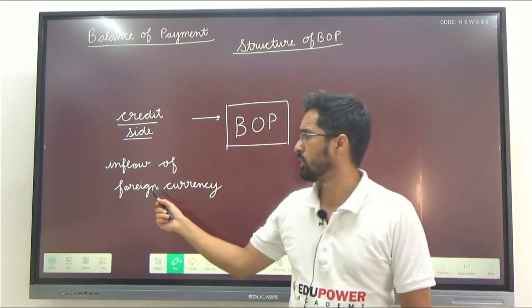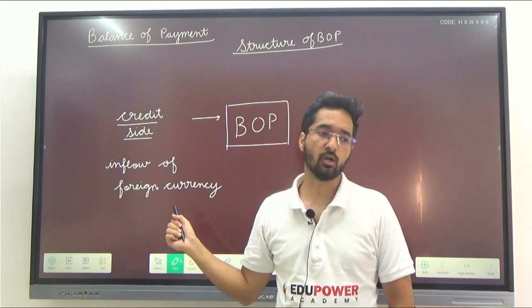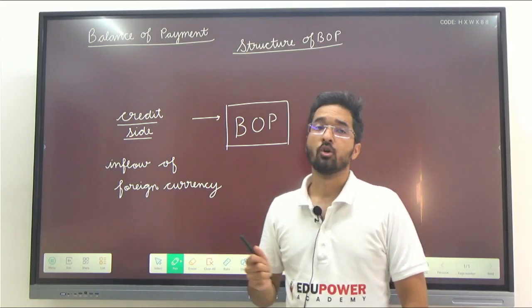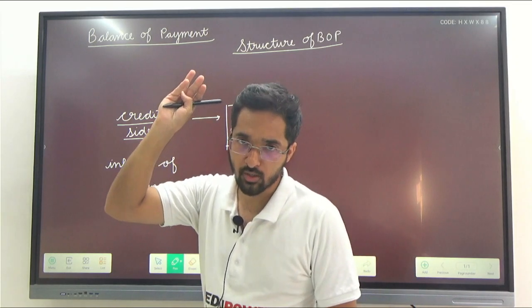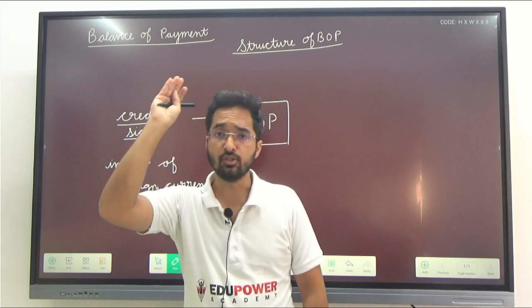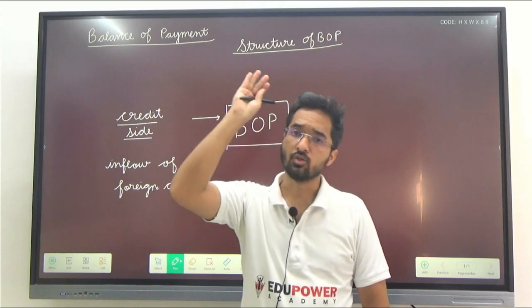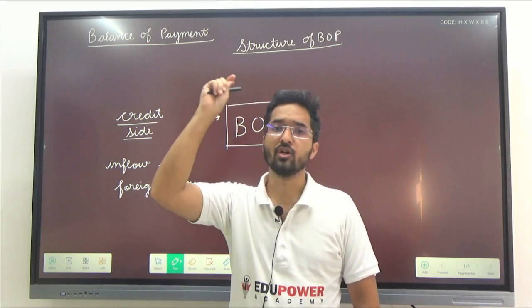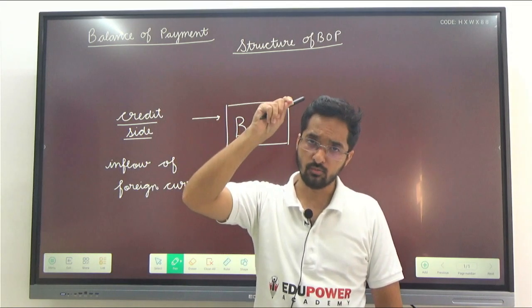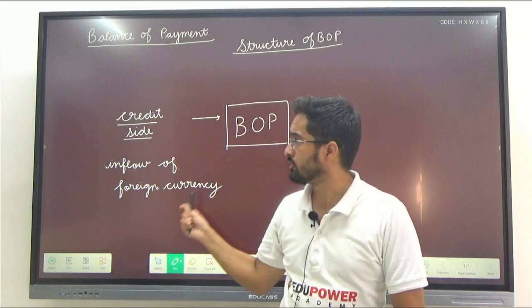What do you mean by foreign currency? Any currency apart from the INR is called foreign currency. So you have your dollar, that is a foreign currency, Chinese renminbi, Japanese yen, British pound sterling, European Union euro. Any currency apart from the Indian currency is called foreign currency.